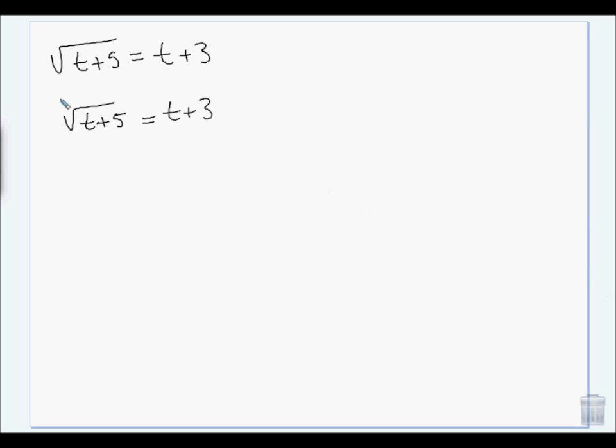So first I'm going to square both sides. And I get t plus 5 is equal to t plus 3 times t plus 3, which I will FOIL.